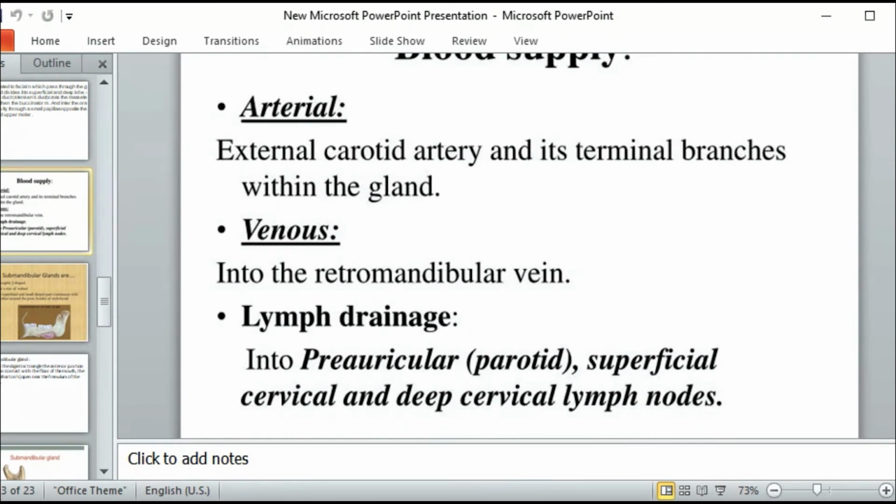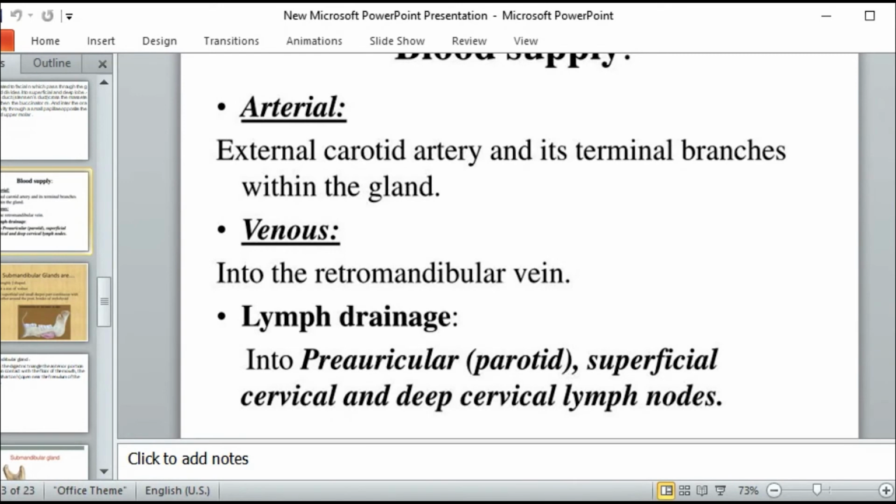About the blood supply of the parotid gland: arterial, venous and lymphatic drainage. About the artery, the external carotid artery and its terminal branches within the gland supply the parotid gland.